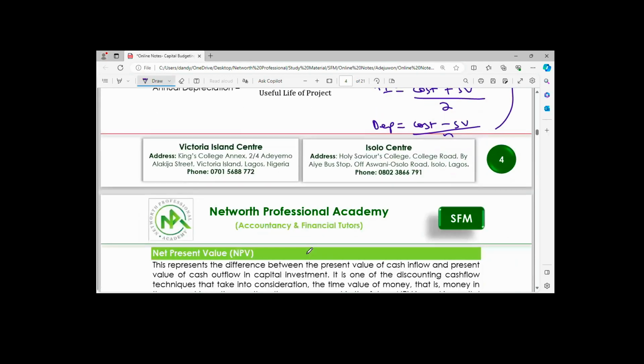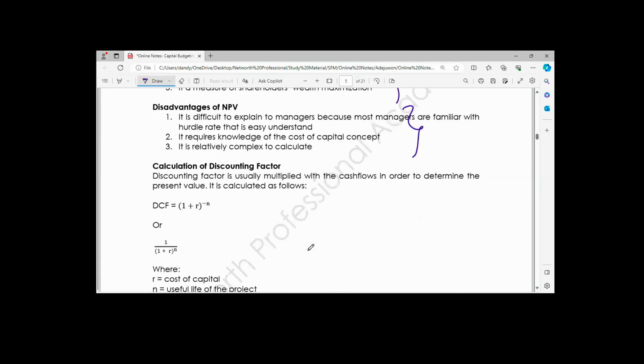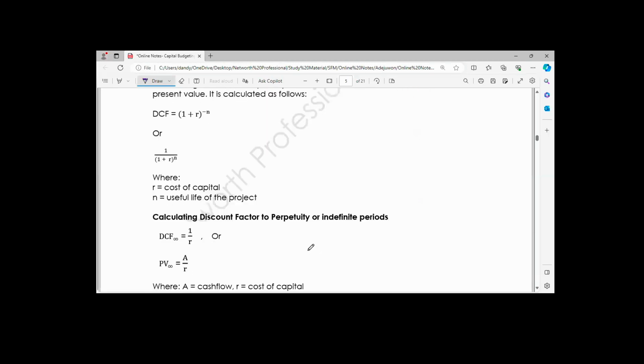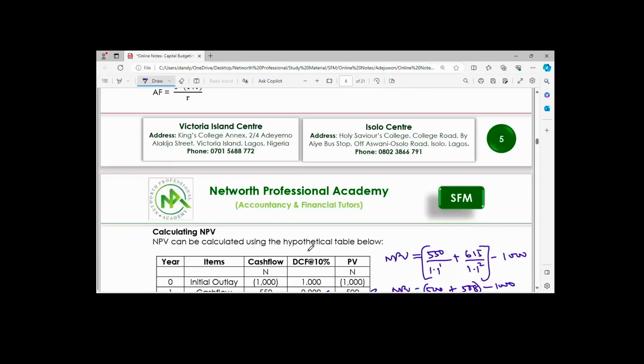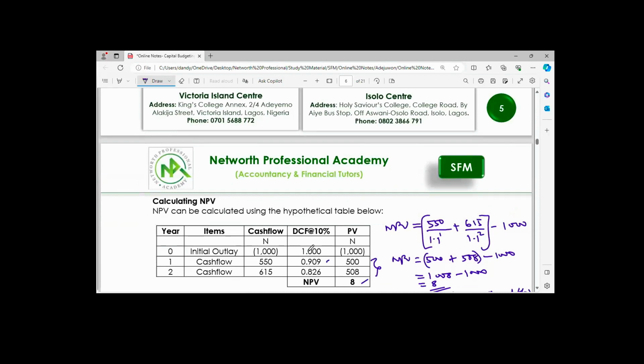Now, before we close for today, let's talk about relevant cash flows. Let me pause a little bit. If you have any questions for me, any questions so far?